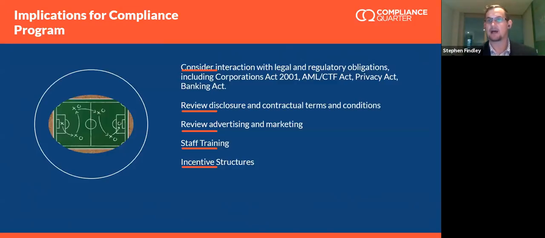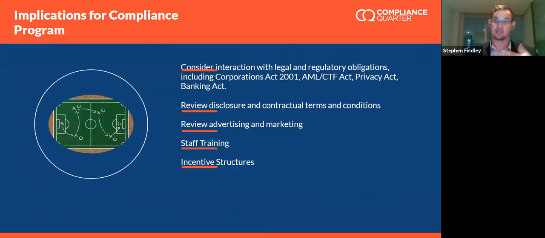Finally, something to think about is incentive structures. So this was a major observation of the Royal Commission's interim report into misconduct in the banking, financial services and superannuation industries, that the incentive structures in banks in particular, but also financial services agencies, were not aligned with compliant behaviour.